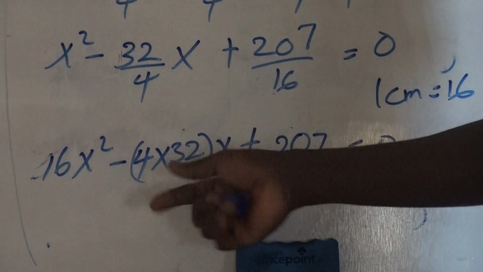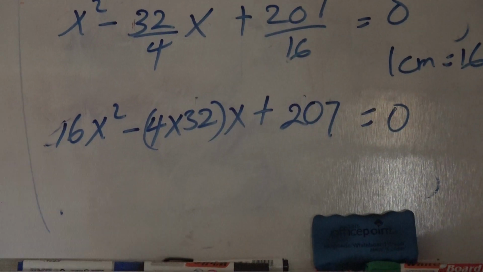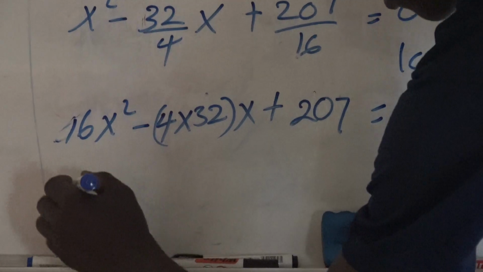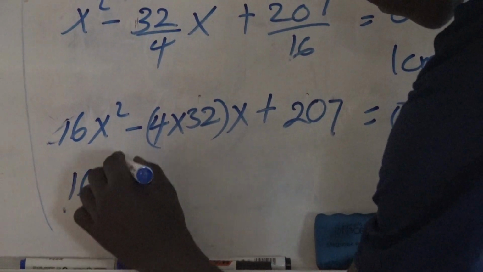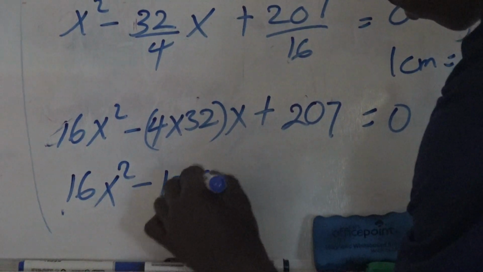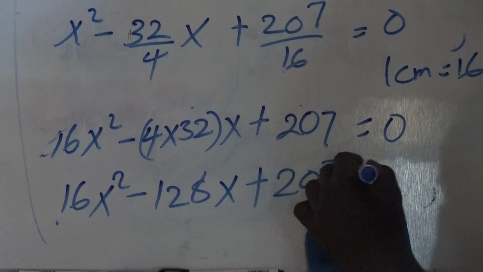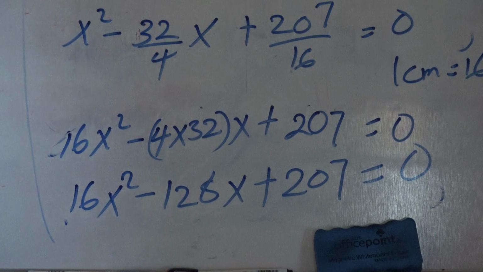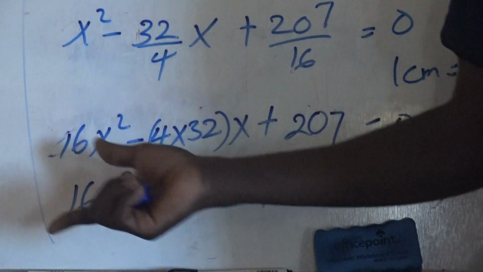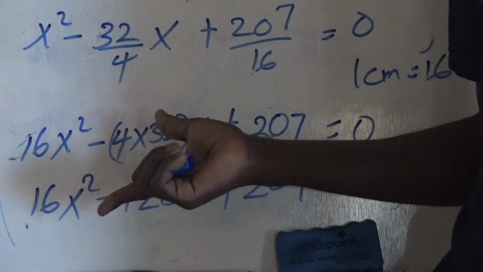Multiplying 4 by 32, which is 128, we get 16x squared minus 128x plus 207, which is equal to 0. So this is our quadratic equation, which you can get out of this.